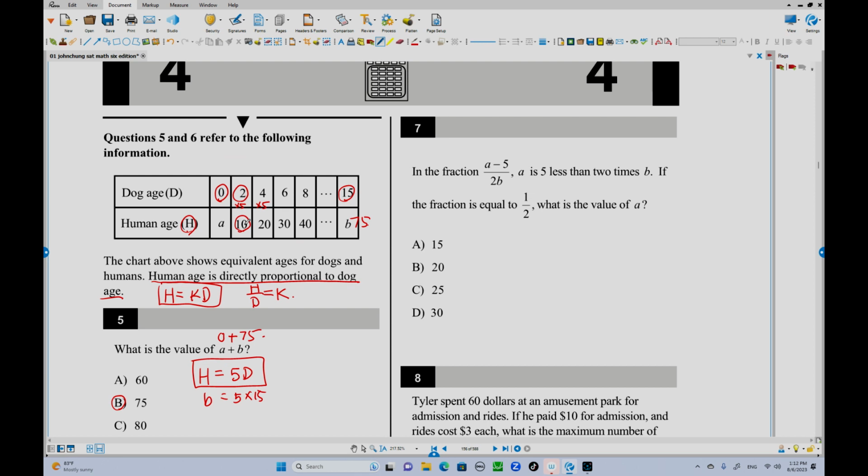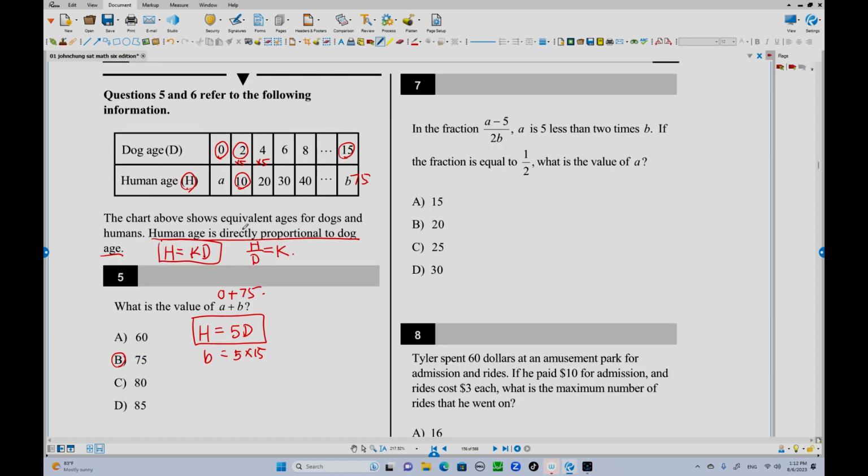Here is number 7. A minus 5 over 2b, the fraction is equal to 1/2. But a is 5 less than 2 times b, so a equals 2b minus 5. That's the relation. Now let's find a.